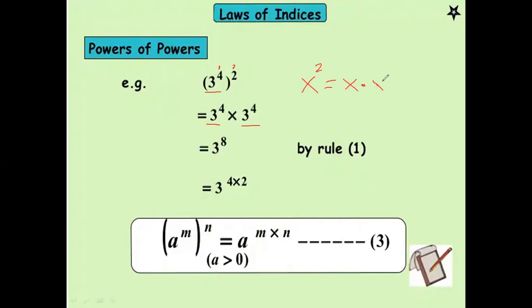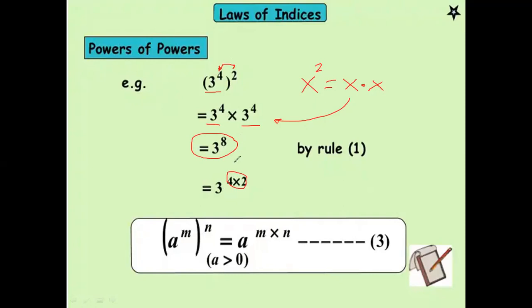So that is just the same with here. 3 to the power of 4 raised to the power of 2 is just the same as multiplying 3 to the power of 4 two times. So that is why we have here the answer 3 to the power of 8, because when an index number raised to a power, the powers are multiplied. That means 2 times 4.